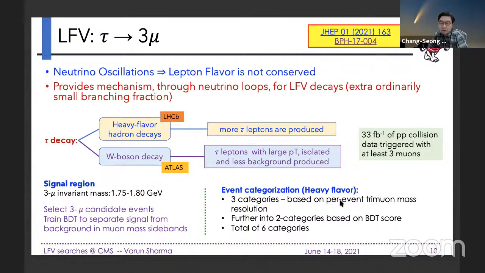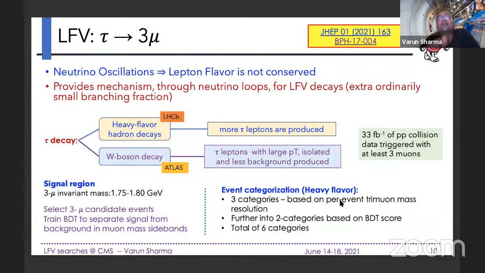Okay. And do you know what is planned for Run 3 for this analysis? Do you have any plan to include some specific trigger for this channel for Run 3? Yes, I think it's already ongoing with Run 3.